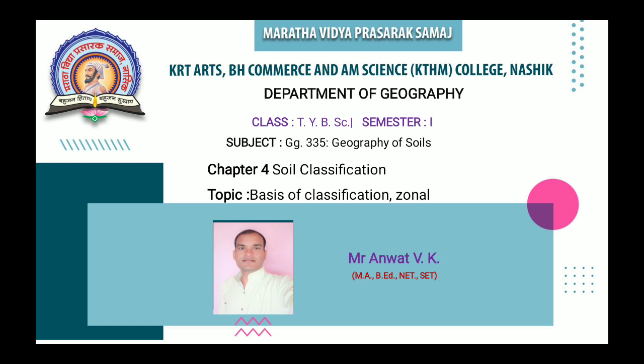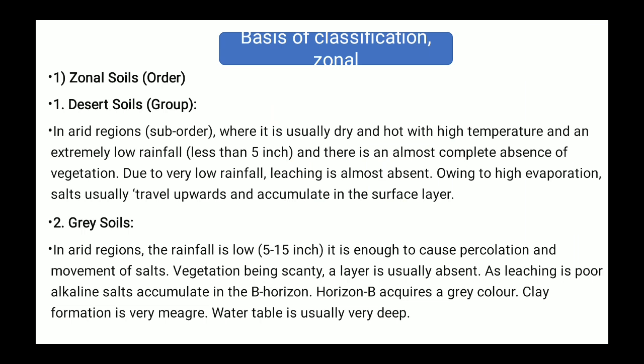And in this chapter of soil geography, the topic is the basis of the classification of the soil. In that, we are going to discuss the zonal types of soil. Zonal soil is also known as the order.